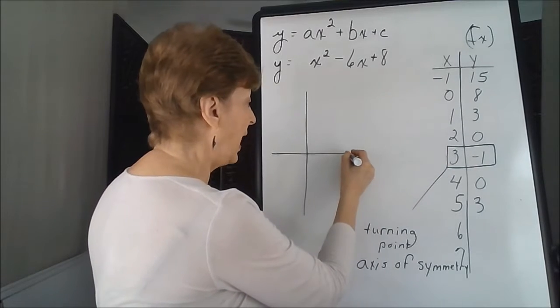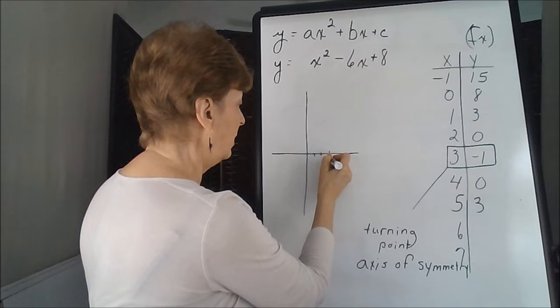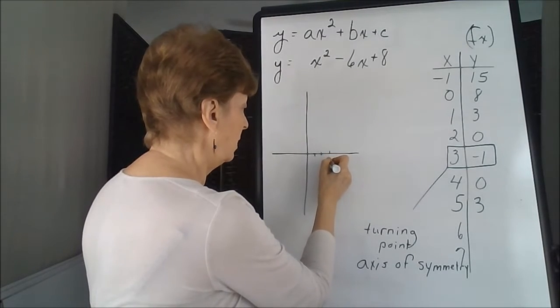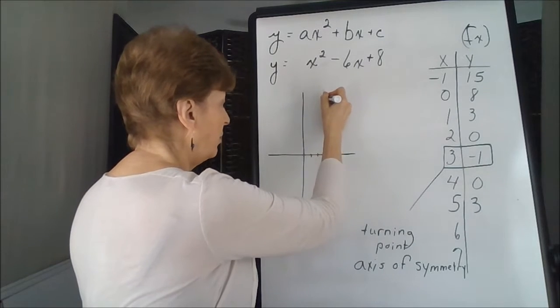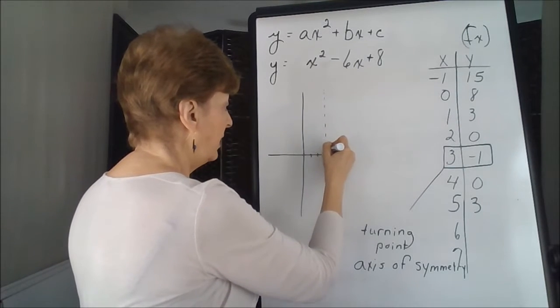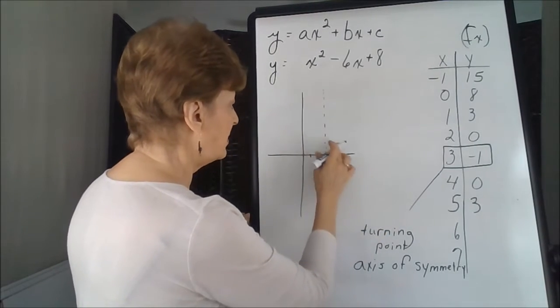So if we were to plot this point on our graph, 1, 2, 3, and 1, this point would be the point where the parabola turns, and the 3 would be the axis of symmetry.